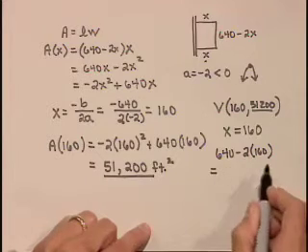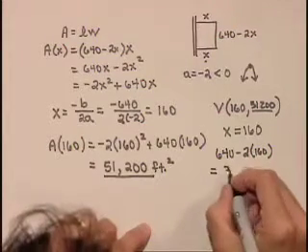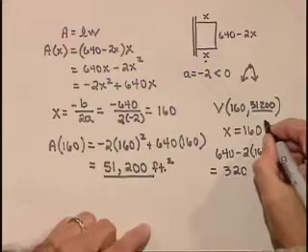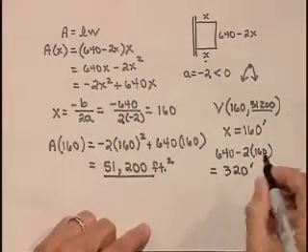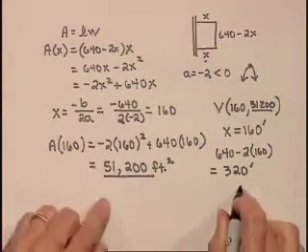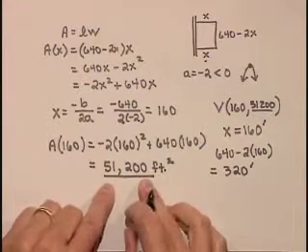That's 640 minus 320, or 320. So 160 feet by 320 feet gives us a max area of 51,200 square feet.